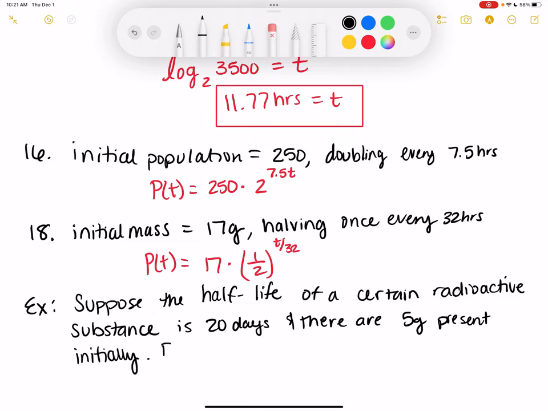Find the time when there will be 1 gram of the substance remaining.